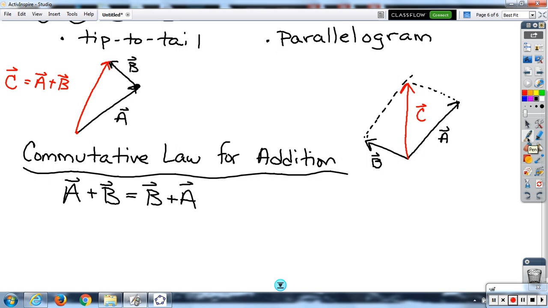So what I would do here is draw vector B first and attach to the tip of B the tail end of A. And in fact, we do get the same vector as we did here and here. So this law works.